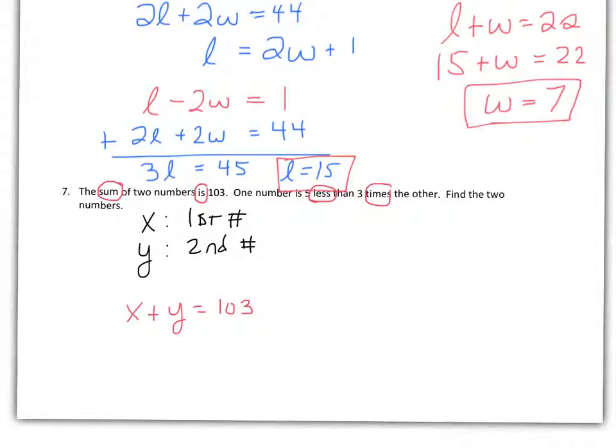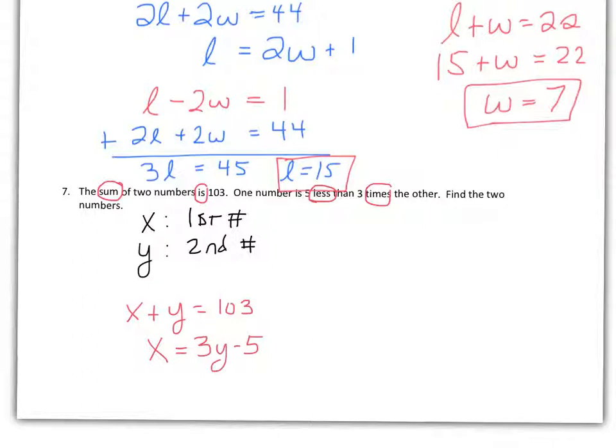One number is 5 less than 3 times the other. So one number we'll call x is 5 less than 3 times the other. So what's that going to look like, Giselle? Good. So 3 times the other minus 5.